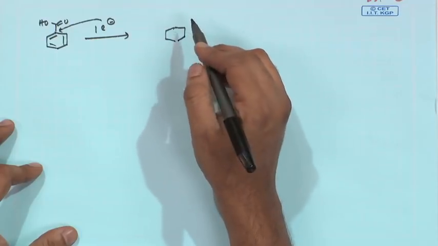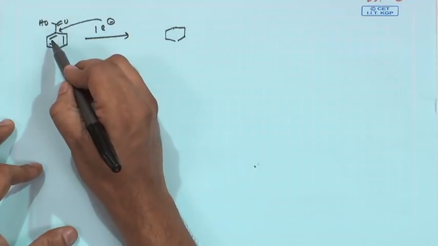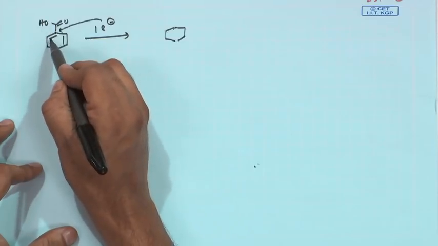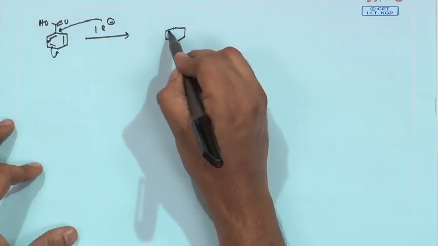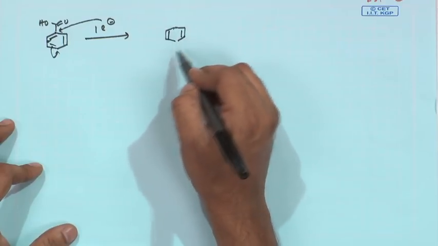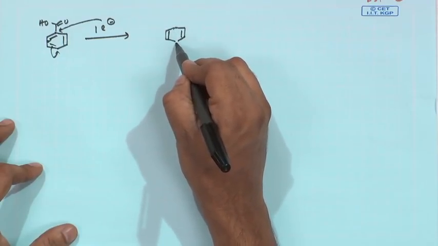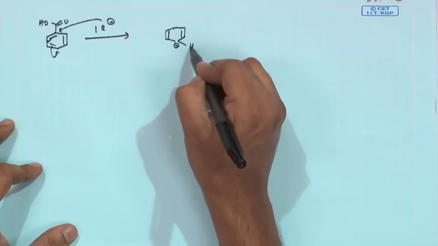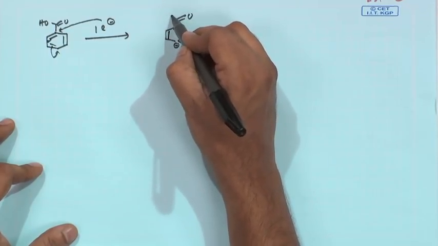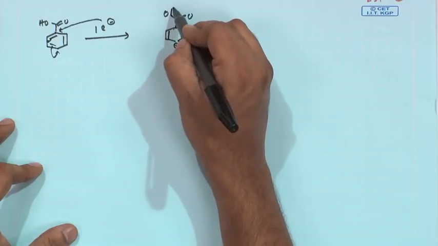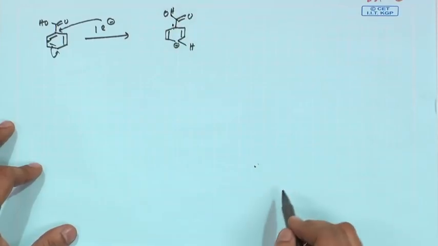further negative charge, and then you will find that this will come here and put a negative charge here with this hydrogen, and then this is a dot.